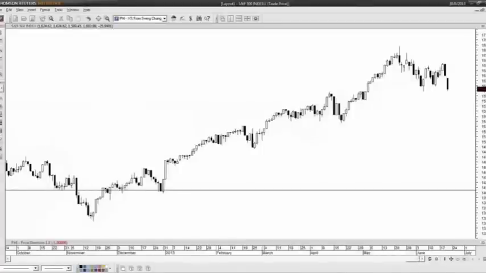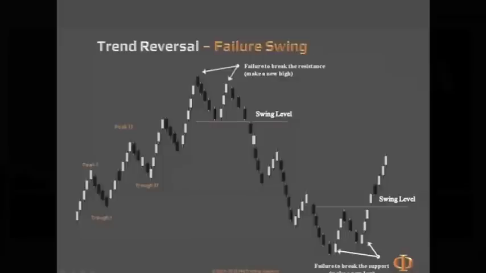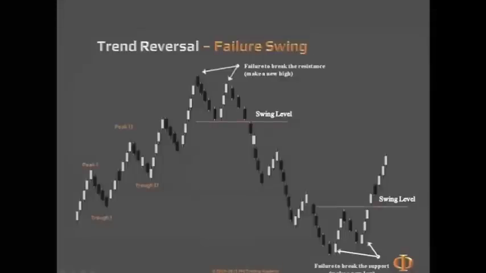Alright, so this is the one part of the equation. You see, we need a sequence of things to happen. So the first thing we need is to see a failure swing, either to go long or to go short. Once we have this formation, then we can proceed with the remaining aspects.